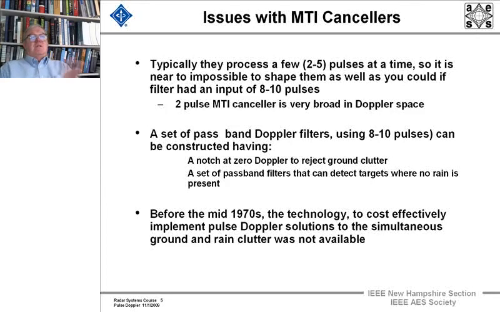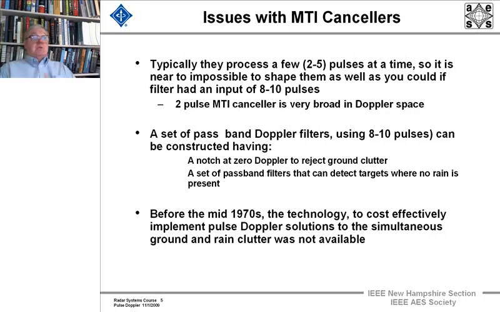But when you're dealing with 2 to 5 pulses, you just have 2 to 5 degrees of freedom in your weights. And with that, you can't get the low Doppler side lobes you need to suppress the rain that's in the side lobes, filling up that unambiguous Doppler space.